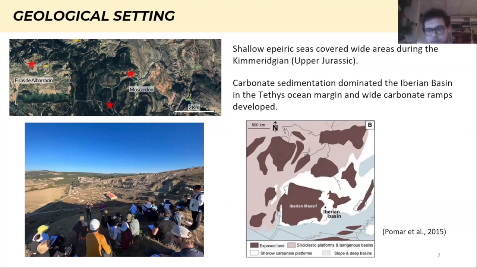Sorry for the pronunciation. This formation is a carbonate unit around 50 to 70 meters thick, and its age is defined by ammonoid biostratigraphy. The Pozel formation in the Sierra de Albarracín consists of dominantly oolitic sandstone with minor contribution of other calcareous components and some terrigenous.